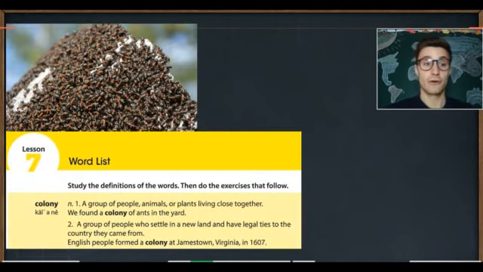The first word from Lesson 7's word list is colony. Colony. We can see here that colony has a noun meaning. N for noun. It actually has 2 noun meanings. So friends, these meanings given in these word lists are not all the meanings available for these words.